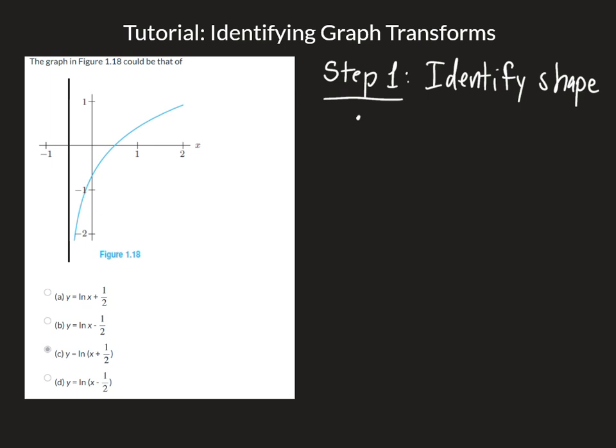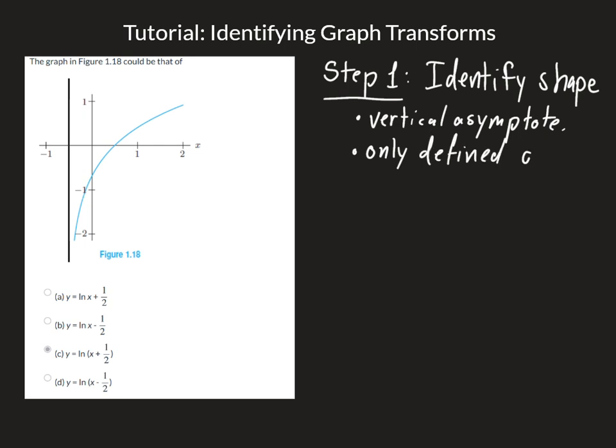So here we notice a vertical asymptote. We notice that it's only defined on one side of the asymptote, in this case on the right side.